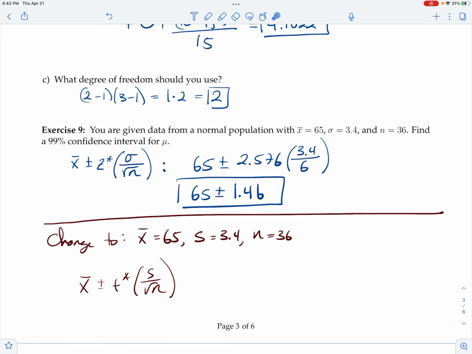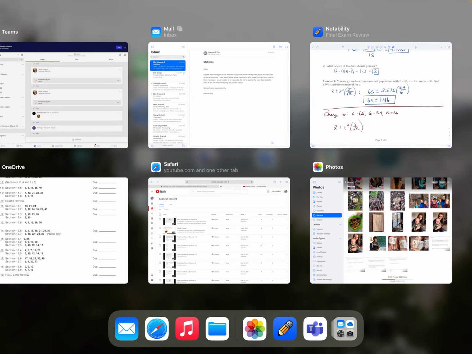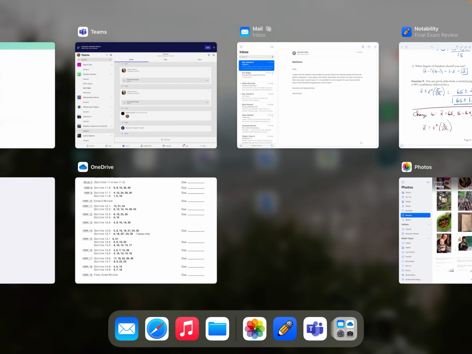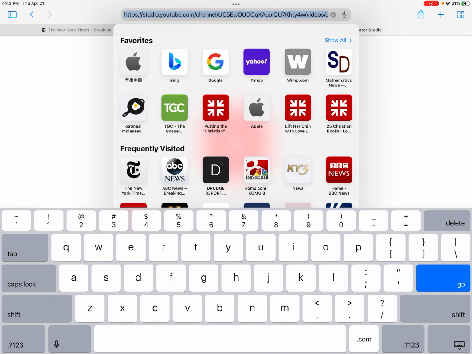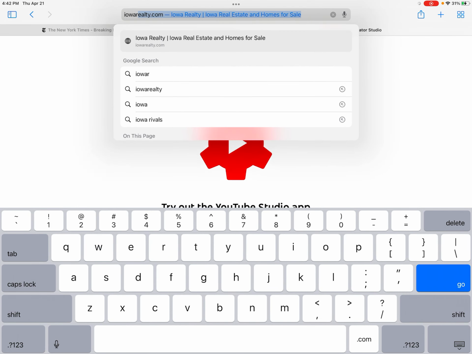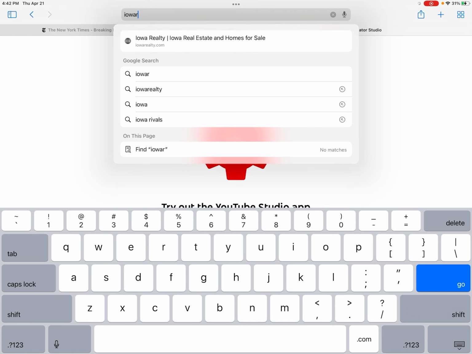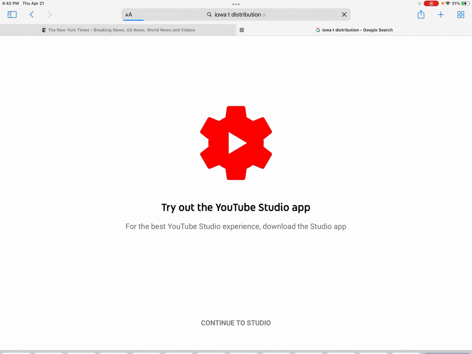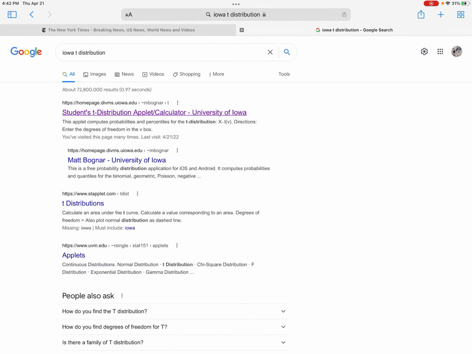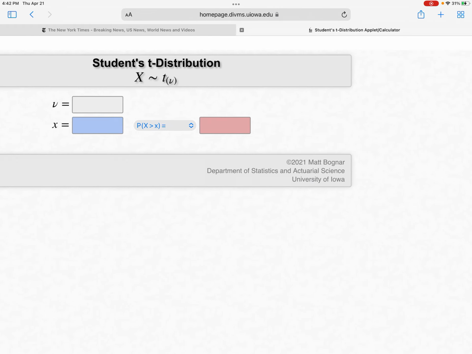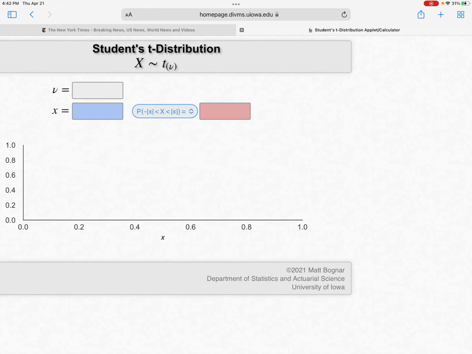So we can flip over to our app, and we can look that up. Let's go to Iowa t distribution. And we can actually plug it in. So I want central area, so I click the bottom.